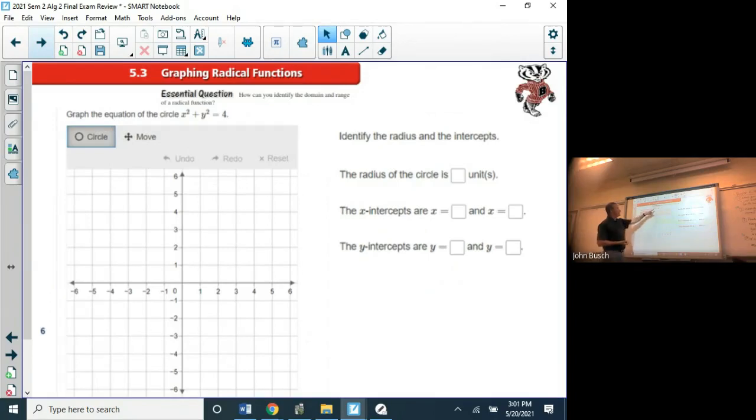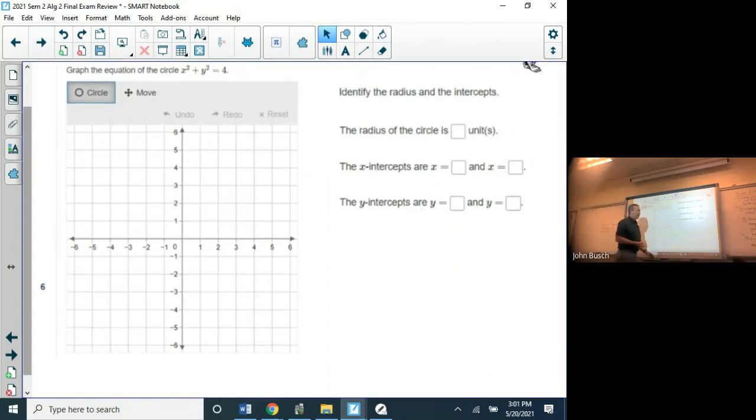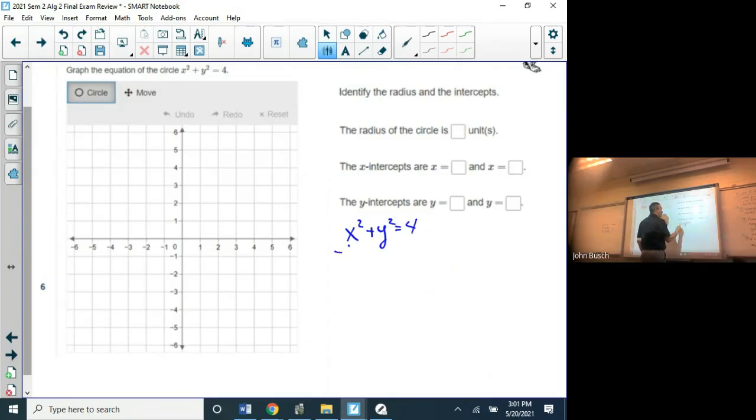And x squared plus y squared is equal to 4. If you don't know that that's a circle, it doesn't matter. You can still solve for y. Subtract x squared from both sides.